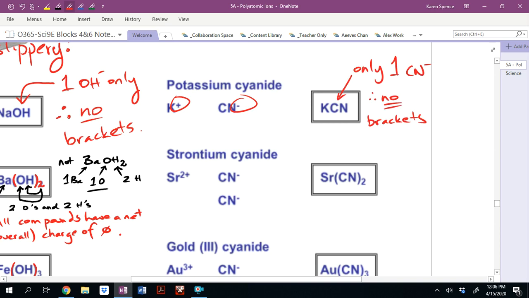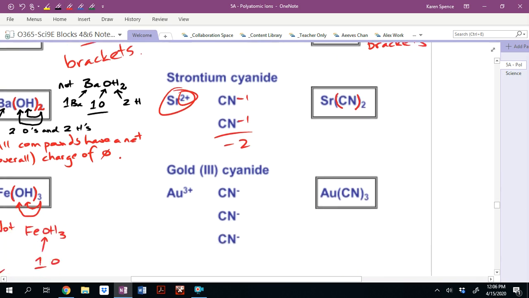Strontium, Sr2+. So I need to have 2 of the cyanides to give me -2 to balance out the +2, and because there are 2 of them, it has to go in brackets.